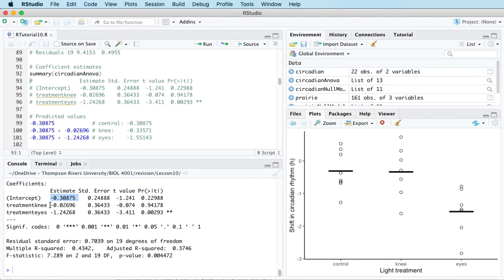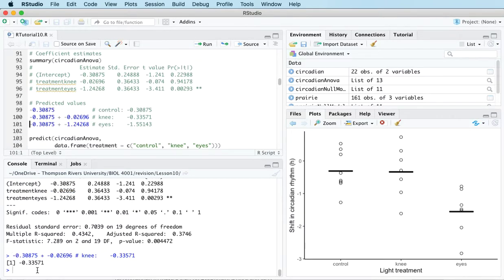If I want to predict the response variable for the patients undergoing the knee treatment, I have to add the intercept term and the estimate that goes with treatment knee. So if I do that, I get minus 0.33571.